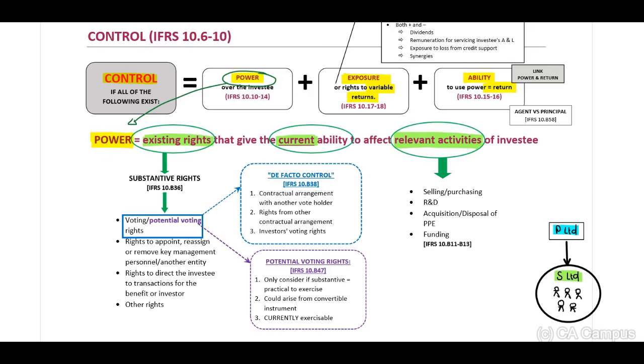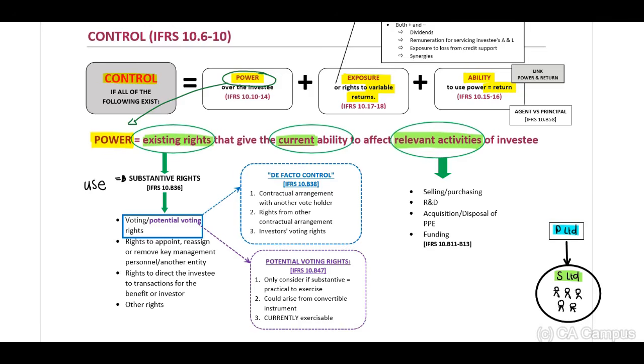It is a right where the holder has the practical ability to exercise, therefore to be able to use that right. And this is a substantive right. Only substantive rights can be exercised, and it's an existing right.